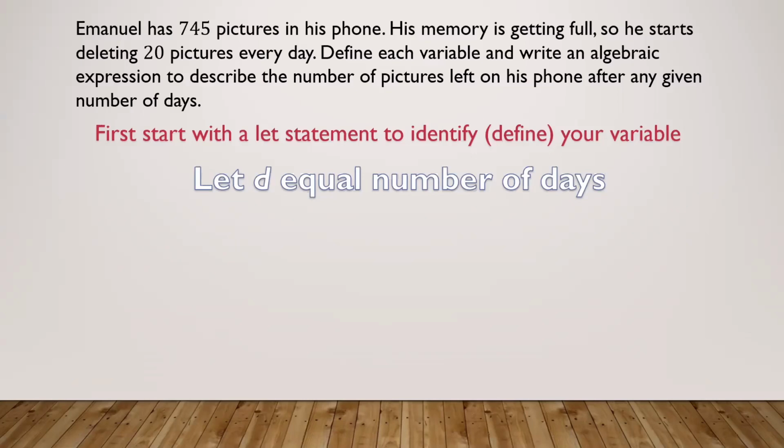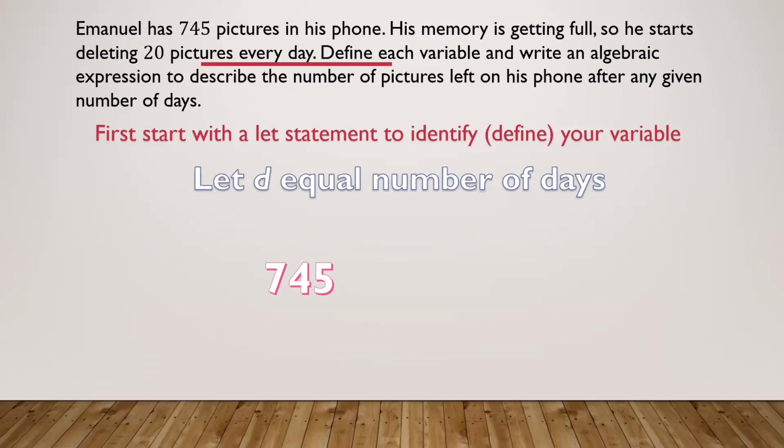Okay. If we go back through and we look, there are 745 pictures starting on his phone. That's great. But what does he do? Well, he deletes 20 pictures every day, okay? So when you're saying 20 pictures per day, every day, it's 20, 20, 20, 20.